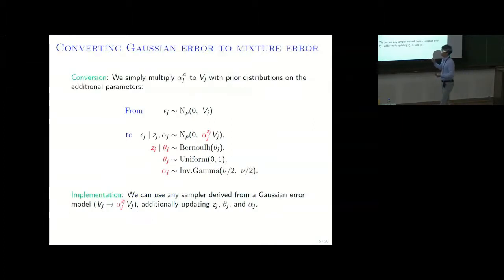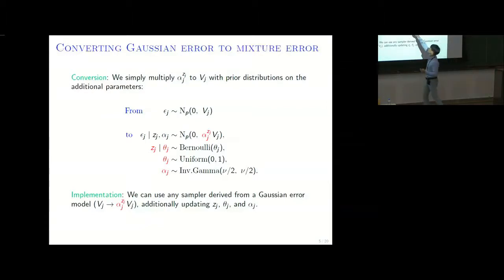My interest was in an easy tool to convert any Gaussian error model to a mixture model, because this mixture model can be 100% T error or a mixture of Gaussian and T errors. The conversion is actually quite simple. Suppose this is what you are using in your model, the Gaussian measurement error model.